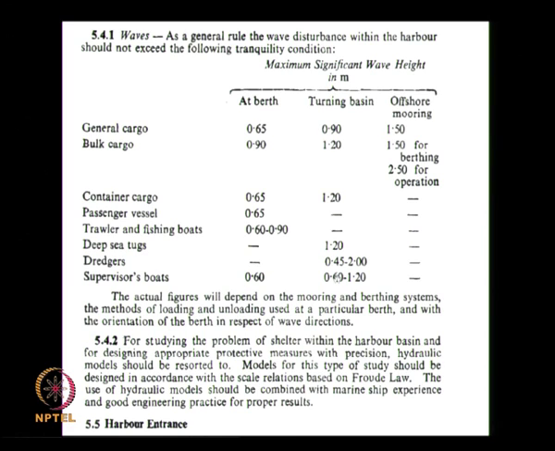To summarize, in offshore mooring generally this is for single point mooring and things like that, and there we can permit higher wave heights for operation, whereas inside where the berth is very close to the structure, any undue movement of vessel will create disturbance, so we need smaller wave heights.